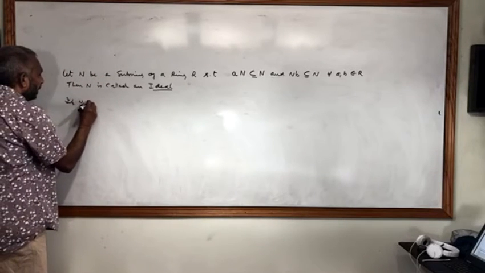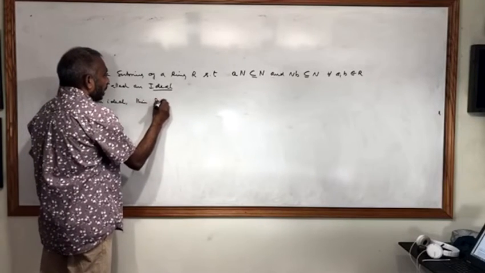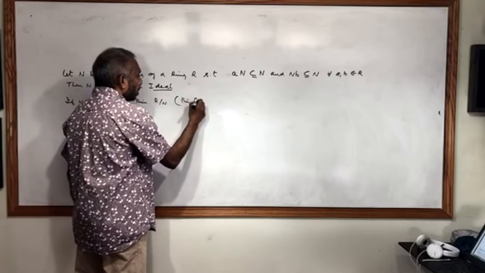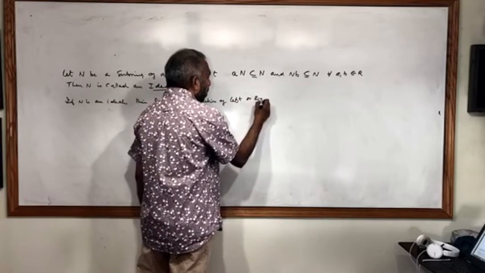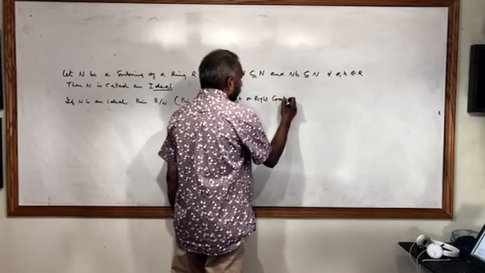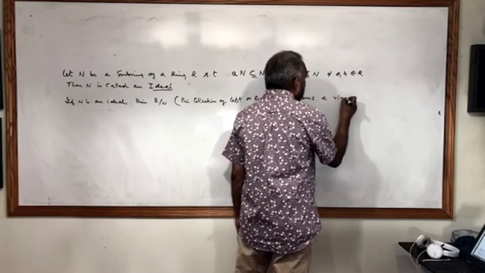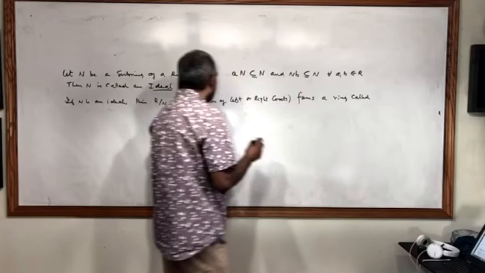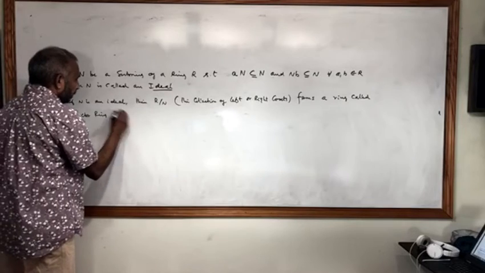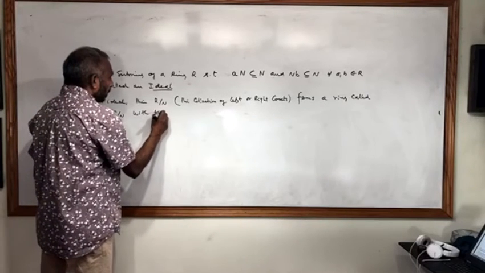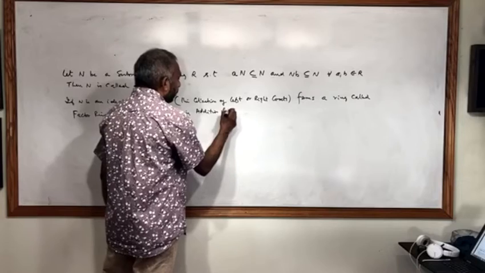If N is an ideal, then R by N, that is the collection of left or right cosets, forms a ring called the factor ring R by N with the following addition and multiplication.